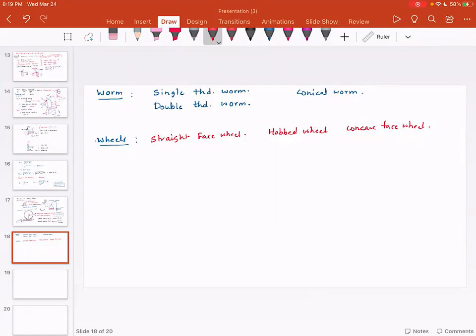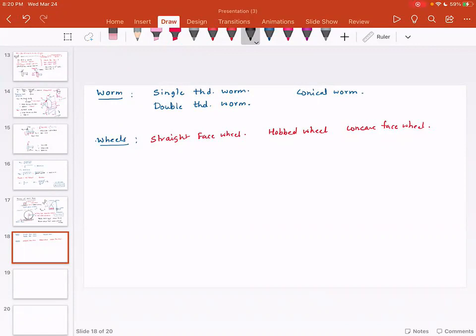Worm is nothing but sort of a power screw. The terminologies that we see in power screw, for example, lead and the helix angle. But in the case of worm, we call it a lead angle. So that lead angle is actually an important design parameter. You also have the lead.